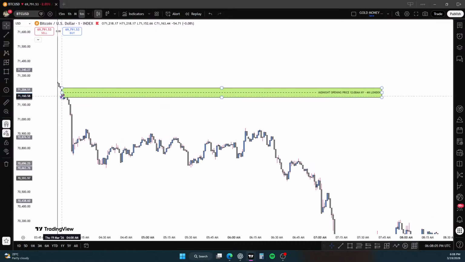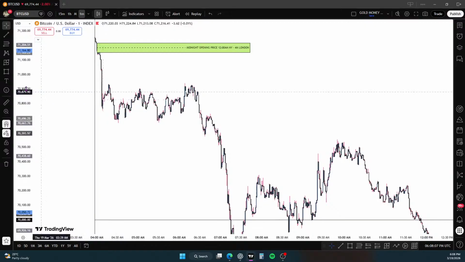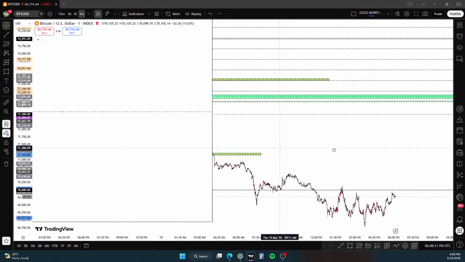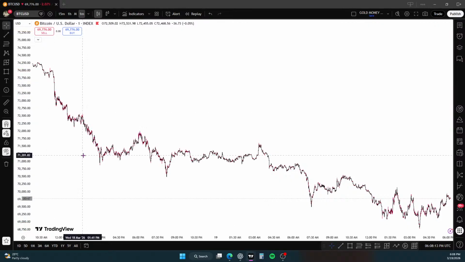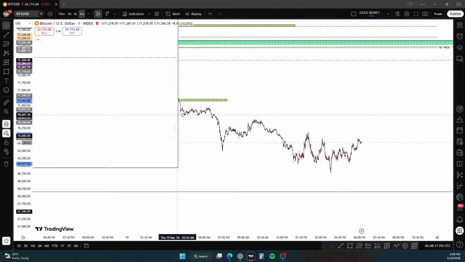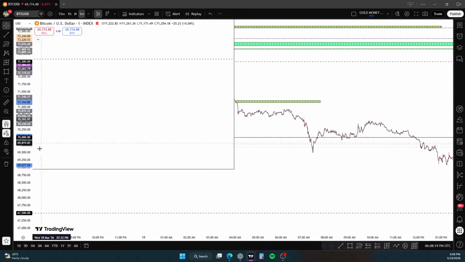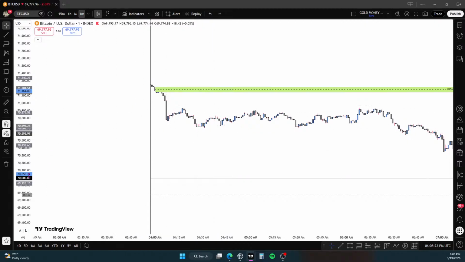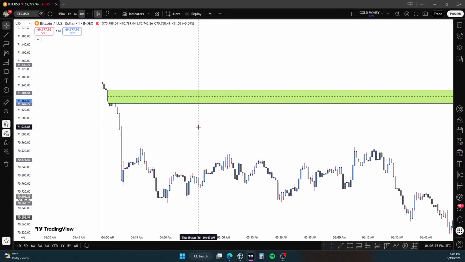Even on this day here, despite price trading lower all day because we've been in a sell program, we still utilize this level. It's not like it was any one specific 1 minute candlestick that formed and then price kept dropping.